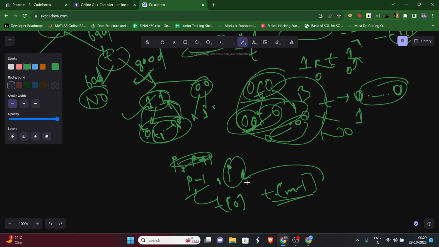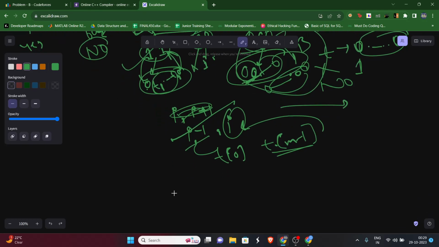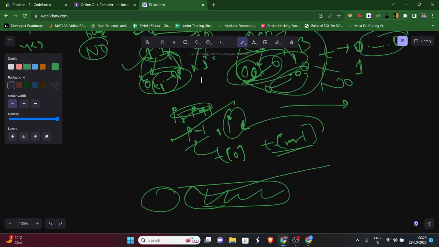So if that condition is satisfied, yes, we can insert t over here and move forward. And let's say if we have completed this much string, then we'll go on checking the rest of the string, because we need to check the overall string.